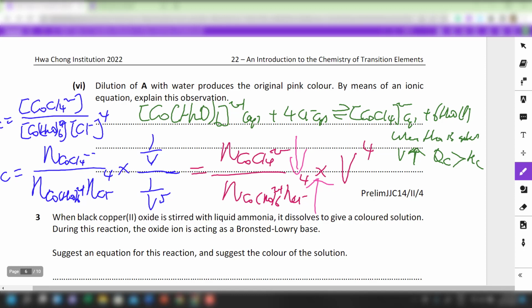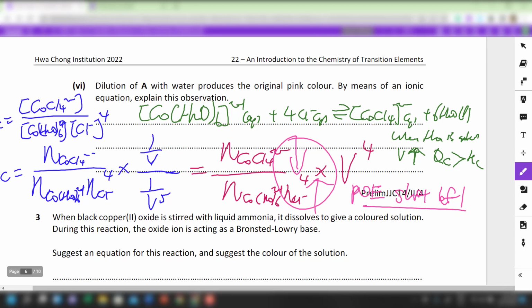Because Qc is bigger than Kc, I need to adjust the numerator and denominator so that it is reduced back to Kc. The only way to do that is for the denominator to go up and the numerator to go down. So for this to happen, the position of equilibrium will shift to the left. Remember this: POE will shift left in order to restore the equilibrium.